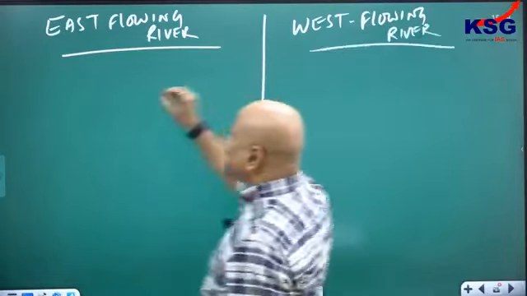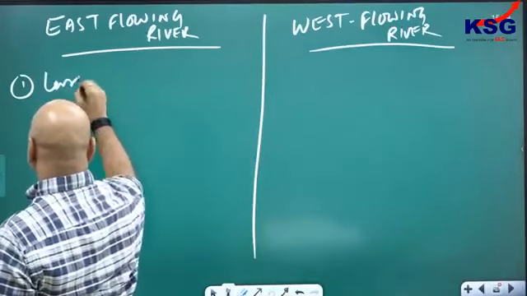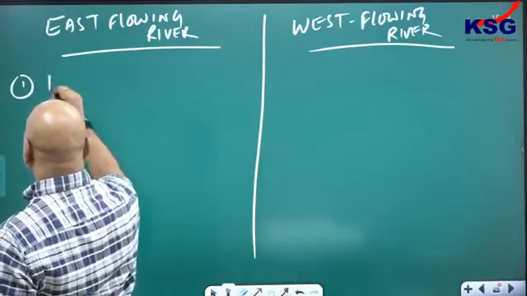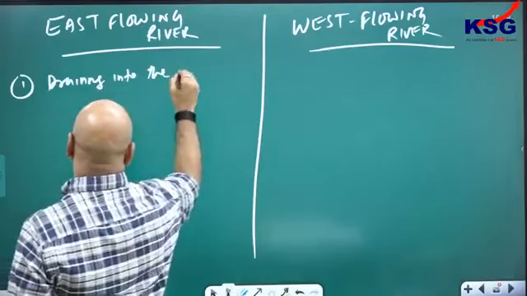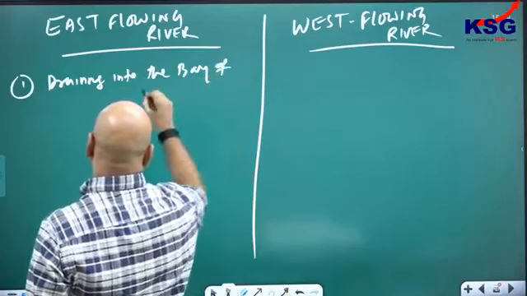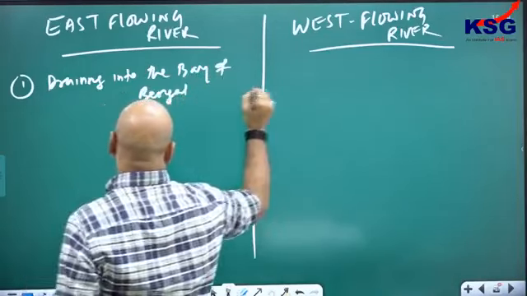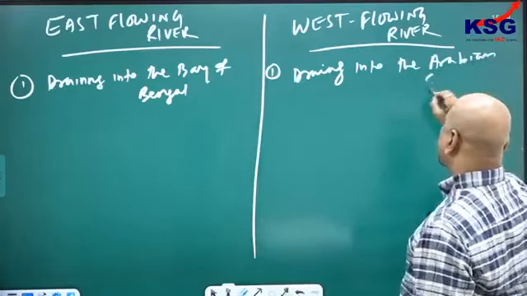See, first point is east flowing rivers are generally large. They are draining into the Bay of Bengal. Here it is draining into the Arabian Sea.